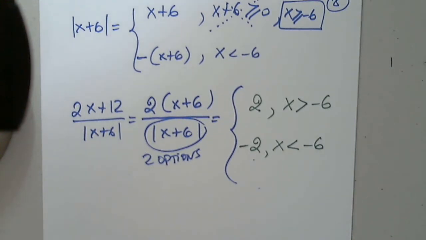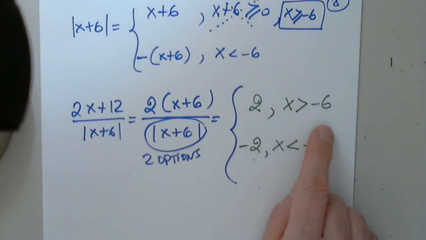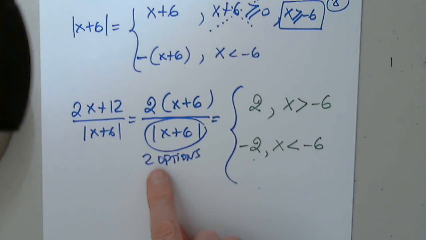Any questions so far? Is this okay? After you crossed out the x plus 6 is less than or equal to 0, that's where I got a little confused. What did you write beside that?